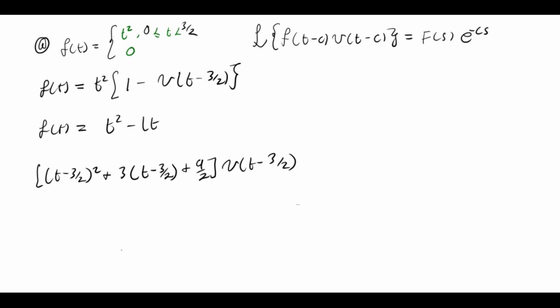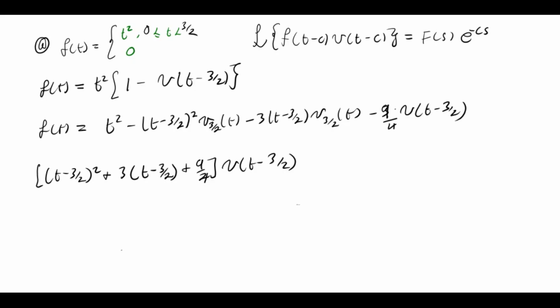That's going to be t minus 3 over 2 squared u of 3 over 2 of t, minus 3 times t minus 3 over 2, then u of 3 over 2 of t, then the last minus is 9 over 4, since 2 squared is 4, 9 over 4 u of t minus 3 over 2, like that.